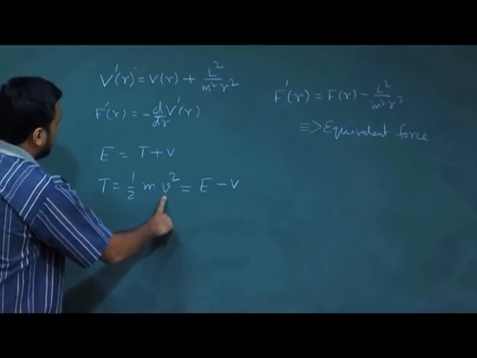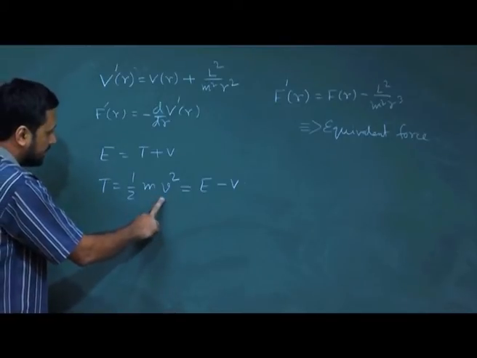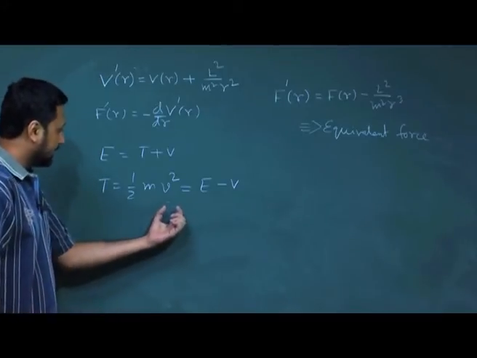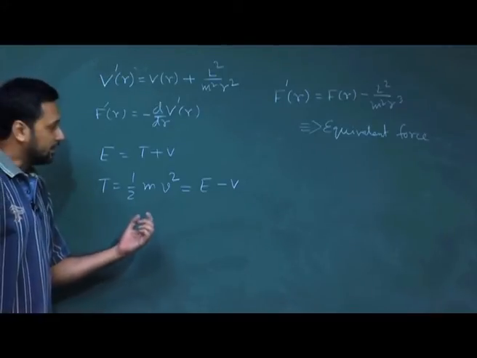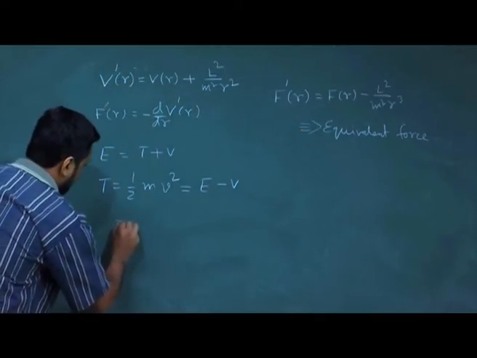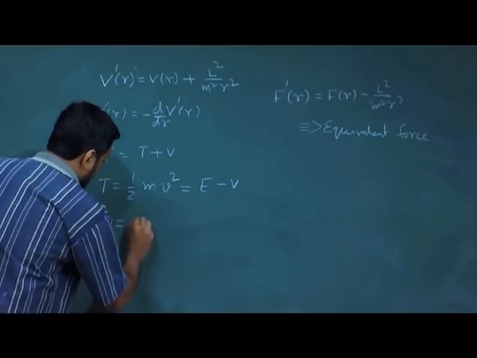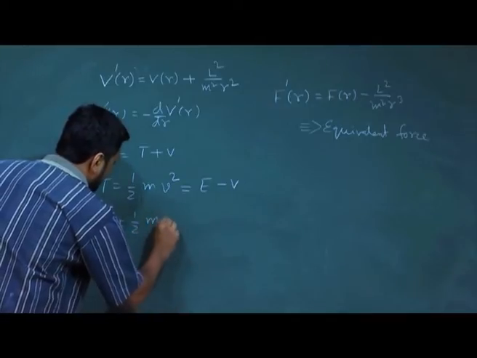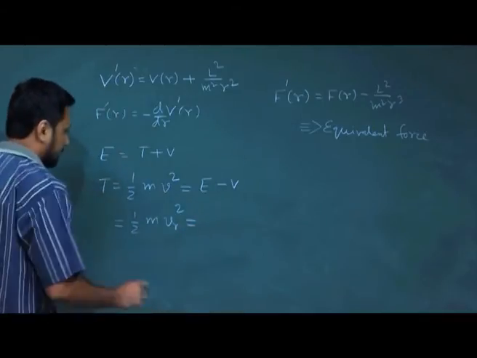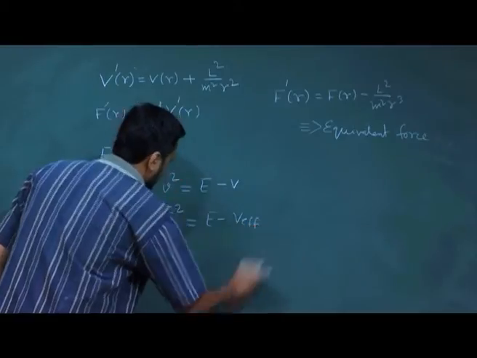This v square will have one radial and one transverse part associated with it, and we have already seen that if we only take the radial part, that is half m r dot square, that will be equal to E minus V effective.